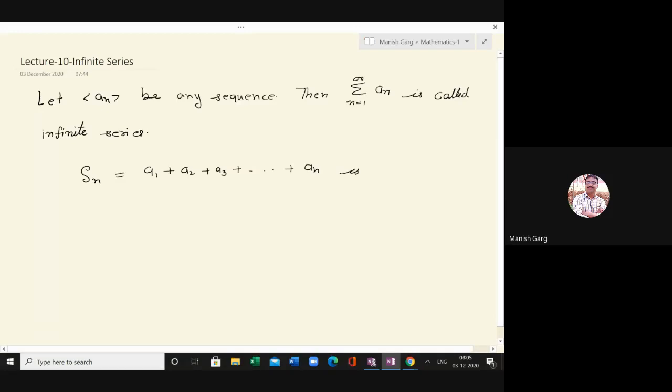This is called the nth partial sum of the series summation n equal to 1 to infinity a_n.